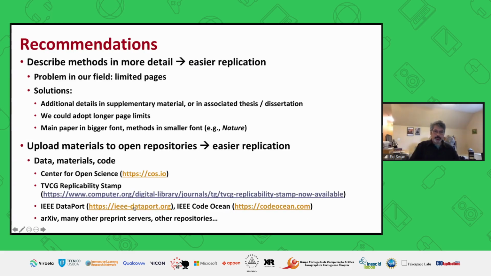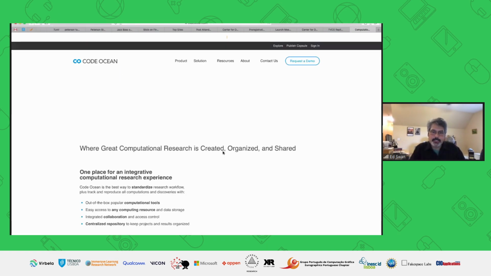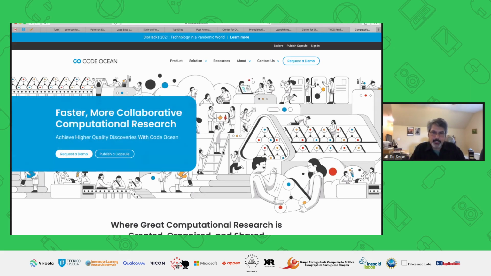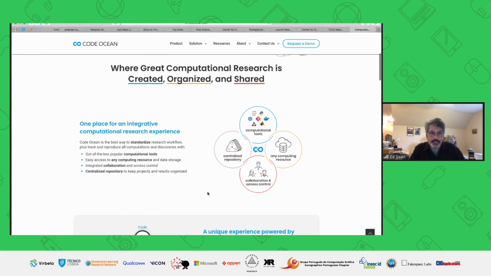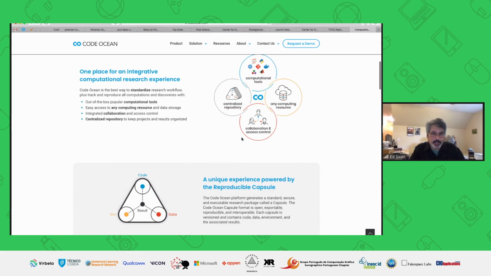There's also the IEEE DataPort. This is a place where you can upload your data for posterity to be repeatable, and IEEE Code Ocean. Code Ocean is interesting because they use virtualization technologies to freeze things like the version of the operating system that you used to compile your code, the version of the libraries behind the code, things like that. So it's all in the service of reproducibility: code, environment, data, result.